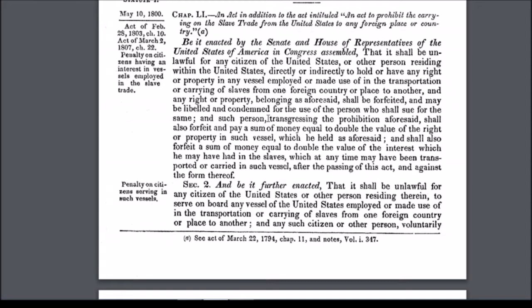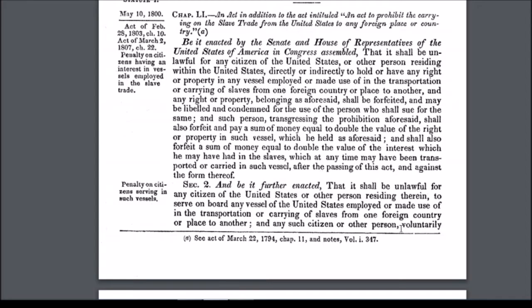So it's saying that whatever holding you had in a vessel, if you had, let's say, $1,000 worth or $2,000 worth, then you would have to pay double that. So you'd have to pay $2,000 if you own $1,000 worth, or $4,000 if your part was worth $2,000 in any vessel.